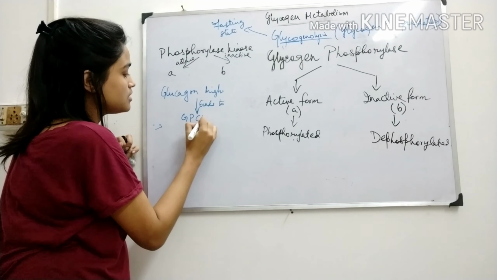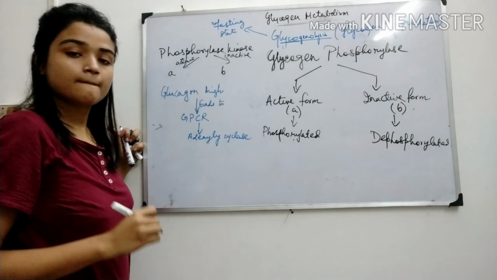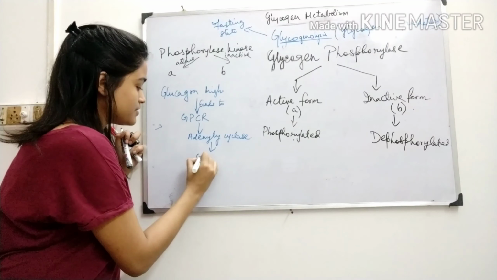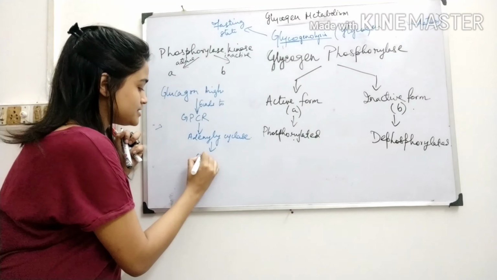It is G protein coupled receptor. When glucagon binds to GPCR, this activates adenylyl cyclase, which in turn activates cyclic AMP. It forms the secondary messenger, which is cyclic AMP.